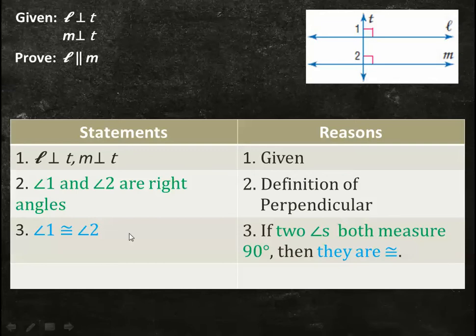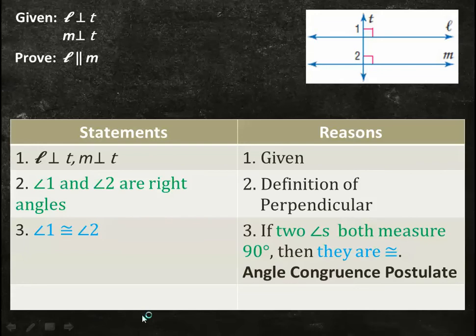So when I say 1 is congruent to 2, I put if two angles both measure 90 degrees, and see how that matches my statement 2, then they are congruent, and that matches my statement 3. Well, then I look through my list of everything we've learned up until now and I say, okay, what fits this the best? Well, you remember that, I think it's the angle congruence postulate. There you go, angle congruence postulate.